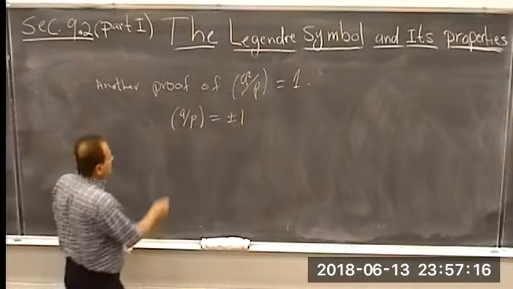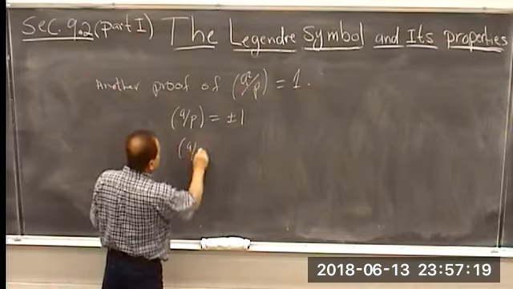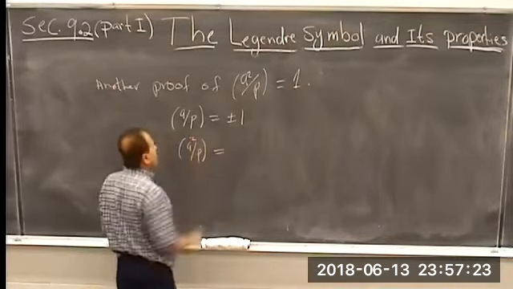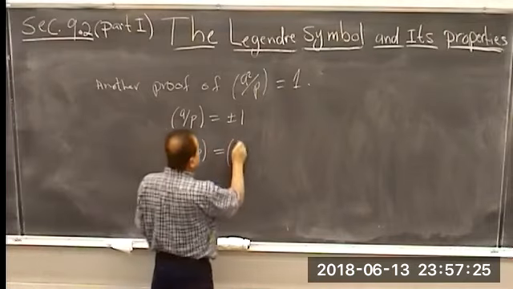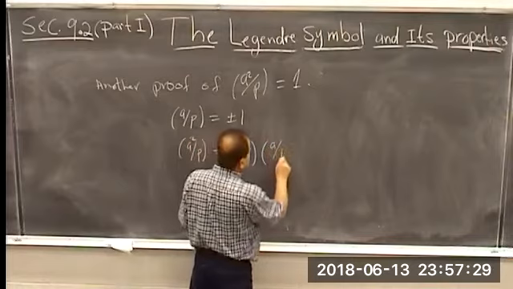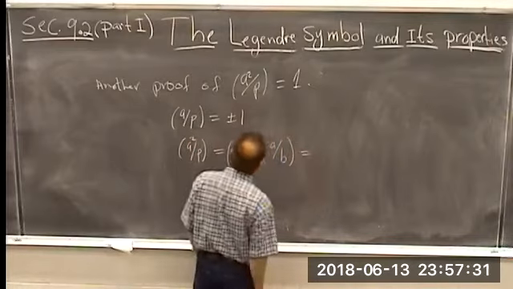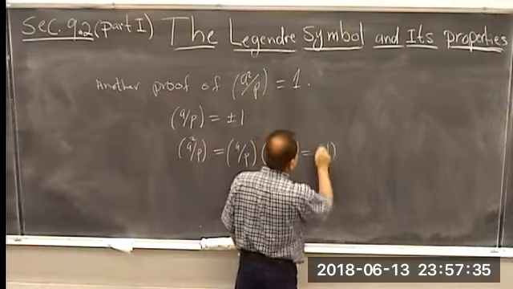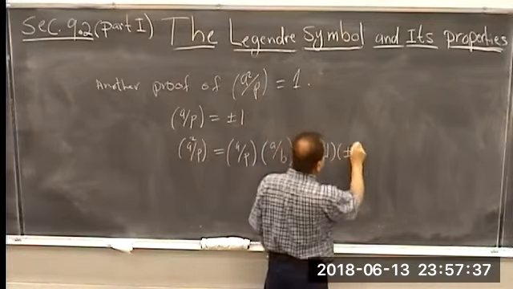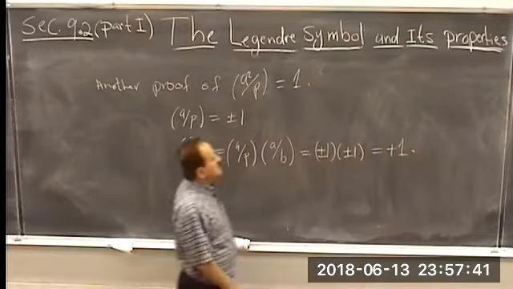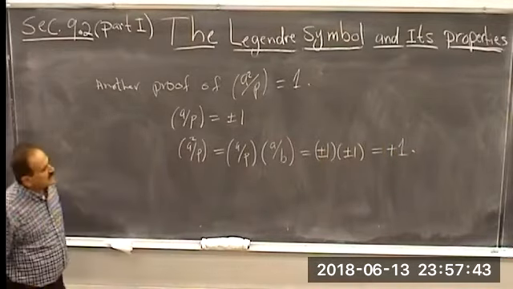Then we have (A/P) squared, which is equal to (A/P) times (A/P). And this is plus or minus 1 multiplied by plus or minus 1, and always we're going to get plus 1, regardless of the value of (A/P).